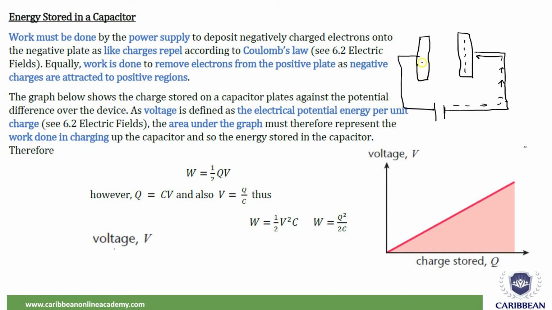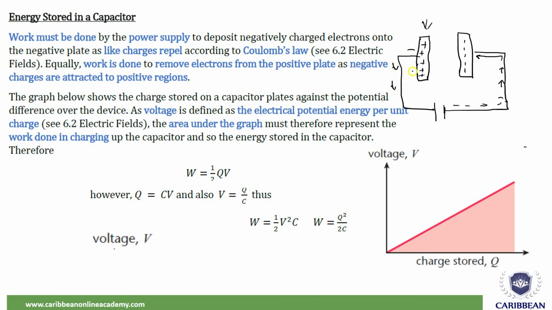So for this particular plate, electrons will be moving towards the positive. If electrons are moving out of this material, then what we have left is positive charge inside of it. Now, two things are taking place. On one plate electrons are being added, while on another plate electrons are being removed.